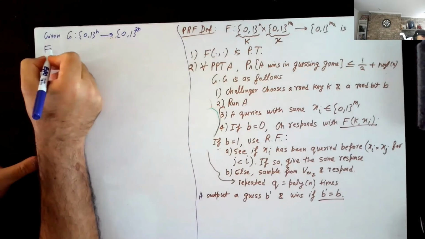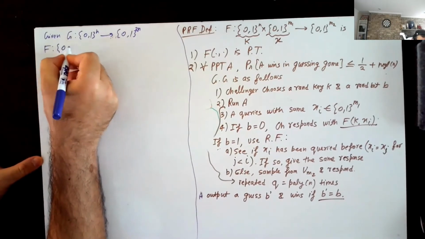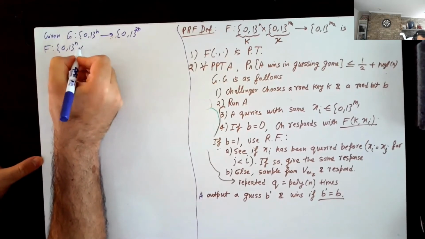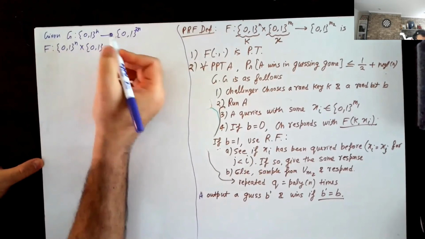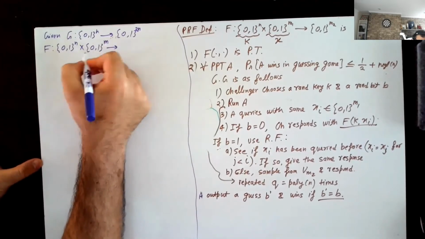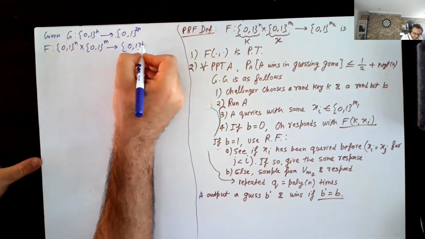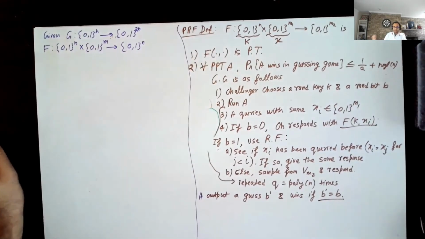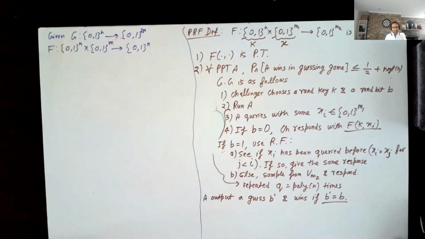And we will build a function which will take an n-bit input and an m-bit index and give you an n-bit output. But you can generalize to basically any output length later on.